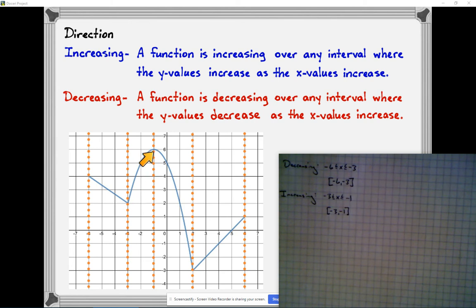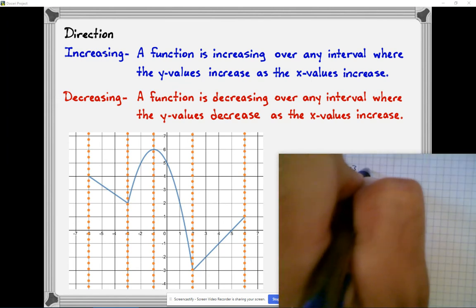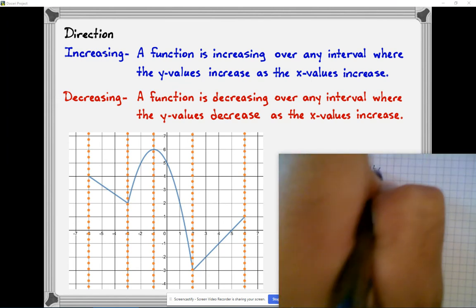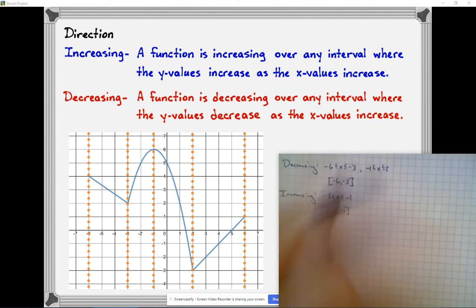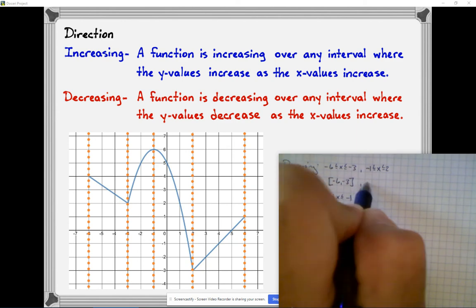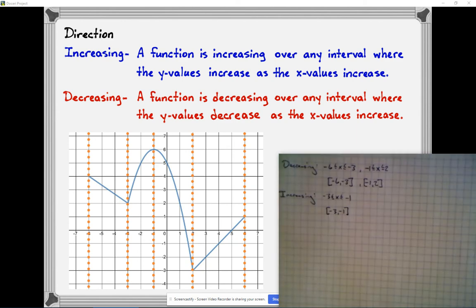Well, what are we doing here now? From -1 all the way to 2, we are decreasing. So we'll add that here. We'll say from -1 all the way to 2, we are decreasing, or from -1 comma 2. Okay?